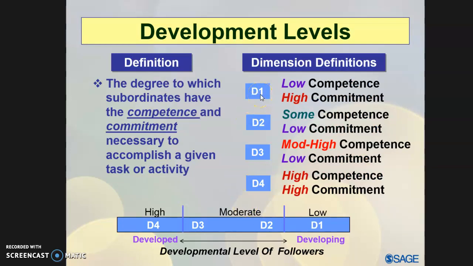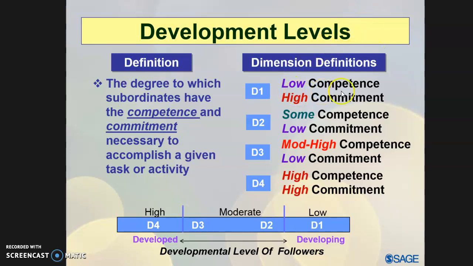So now we look at the developmental levels of the people that we are leading. So we had S1, S2, S3, S4 for leadership styles. Now we have D1, D2, D3, D4 for development levels.